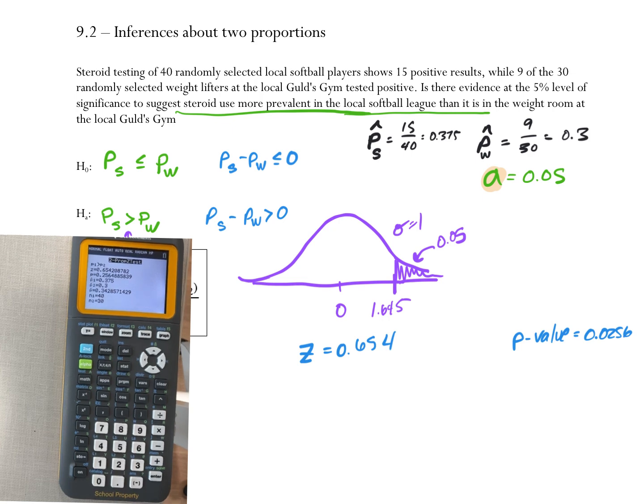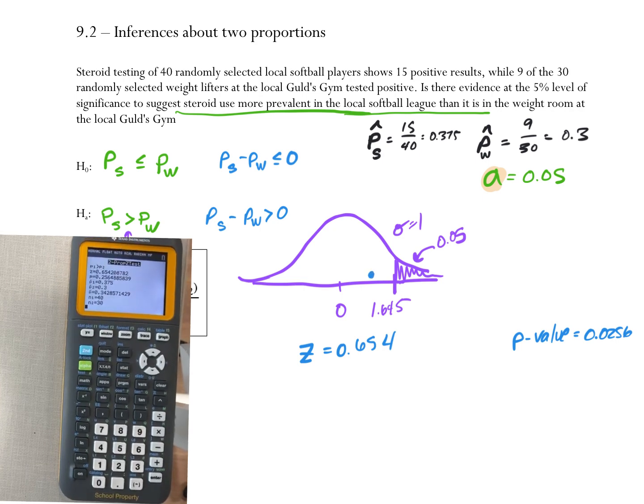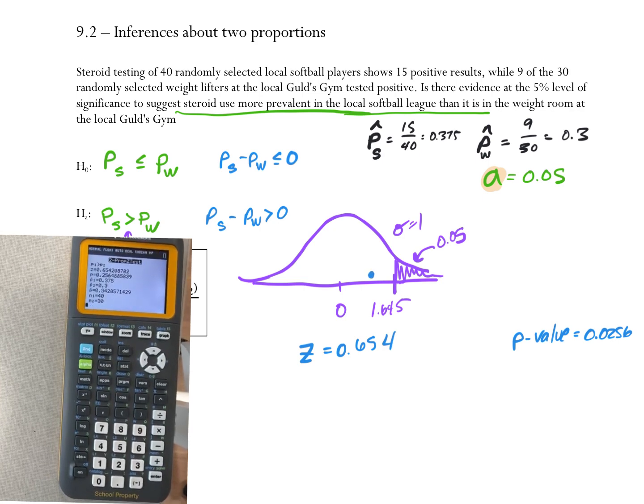All right. So our z statistic, the 0.654, is like here, yeah? If that's the case, are we rejecting or failing to reject? For my p-value I got 0.2. Yeah, same here. That's what I got. I don't know why you guys always argue with me.